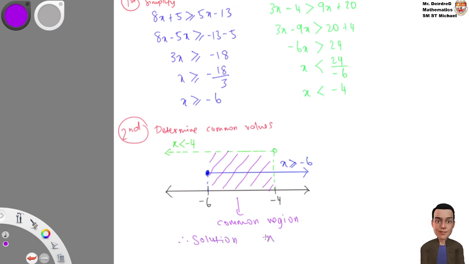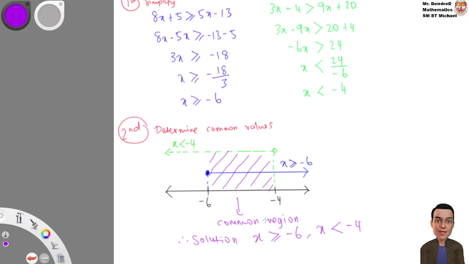x is, the proper way that you can write it, after you have determined the common region, is that we know x is greater than or equal to negative 6, and then x is less than negative 4.